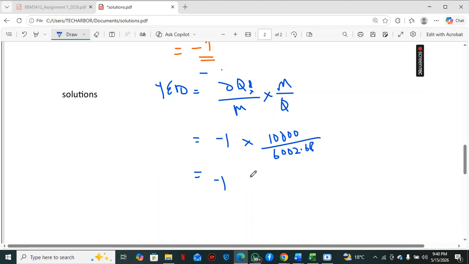So you're going to say 10,000 divided by 6,002.68. You get 1.6665. Multiplied this by negative 1, you get negative 1.665.